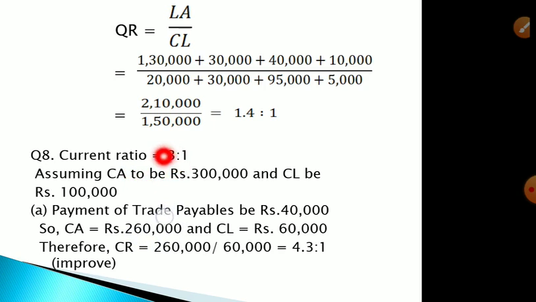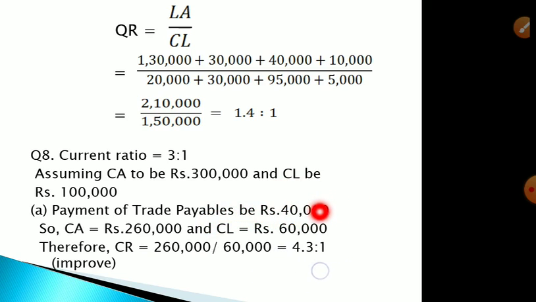So we can assume that the current assets be 3 lakh, and the current liability to be 1 lakh. So I have taken the amounts to be in lakhs. Now for the payment of trade payables, again I have assumed the amount to be 40,000.